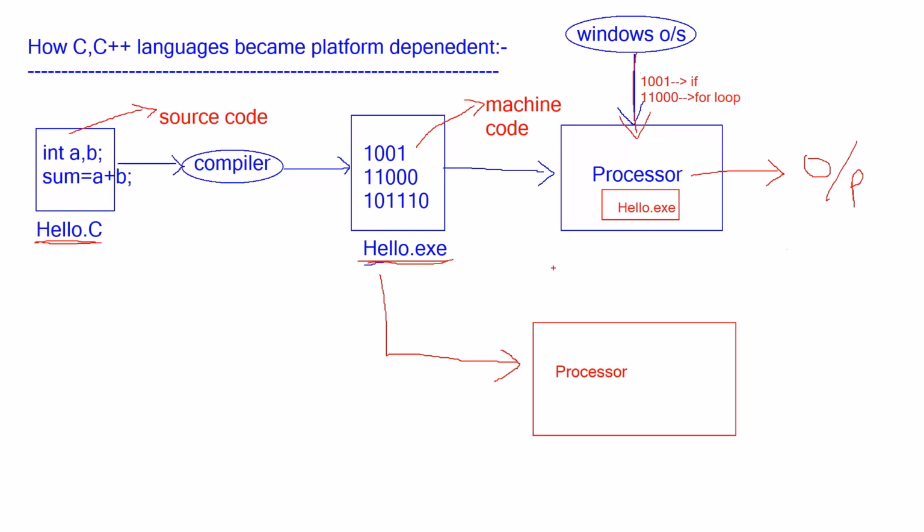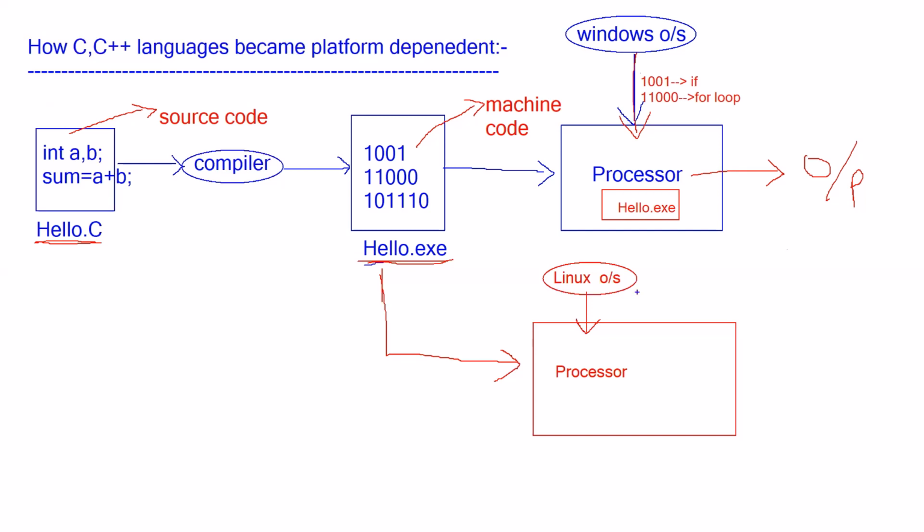Let us say this is a Linux operating system. Now this Linux operating system has to give the instructions to this processor on this machine to execute this hello.exe file. So now this Linux operating system will give the instructions like this.